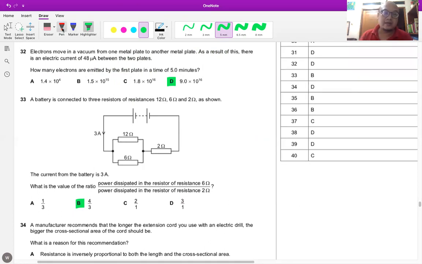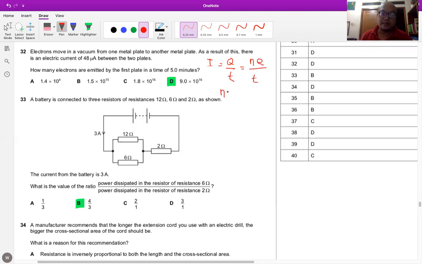I think you still remember about current, which means charge over time, and the charge is the total charge of the electrons. So how many electrons? N equals I times T divided by electron charge.